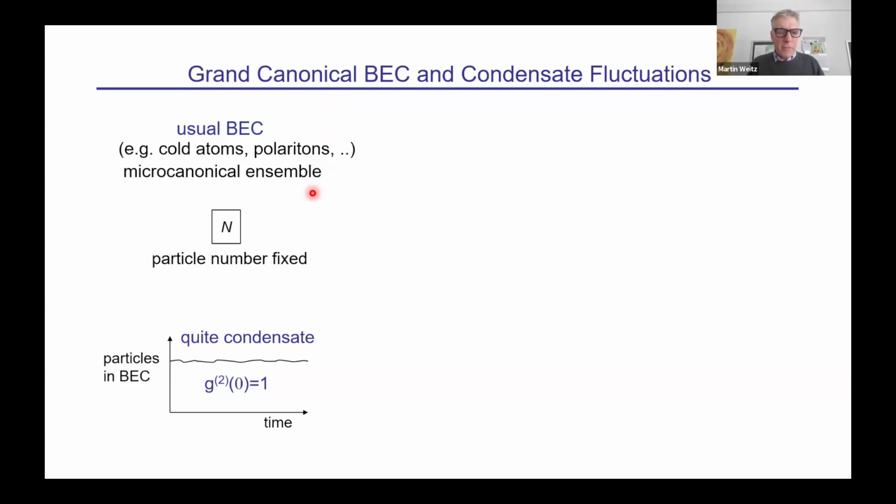That means the particle number is relatively fixed. One can nevertheless have fluctuations in the condensate because there can be fluctuations of the condensate part against the thermal cloud. But those are relatively small. They are only Poissonian, and one gets, in the ideal regime at least, a G2, a second-order correlation function at 0 times, of 1.